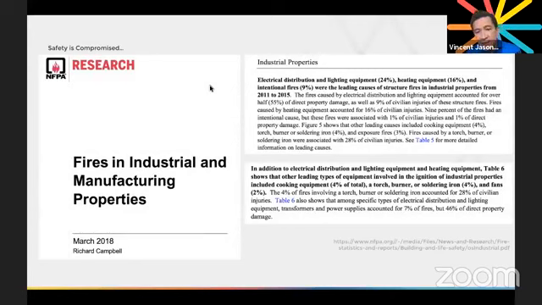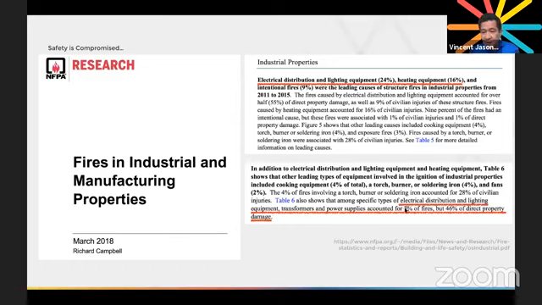Now, here's a little tidbit that I got off the internet. The source is right here if you want to check it out. Fires in industrial manufacturing properties. I'd like to point out a few key things in terms of the statistics. Electrical distribution and lighting equipment makes up 24% of the fires, at least according to the NFPA.